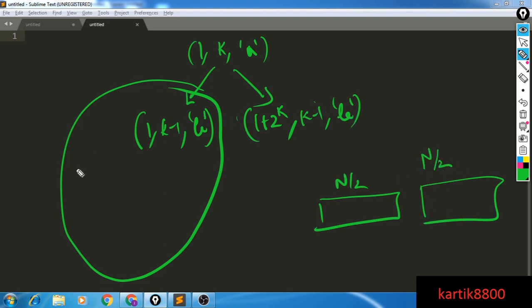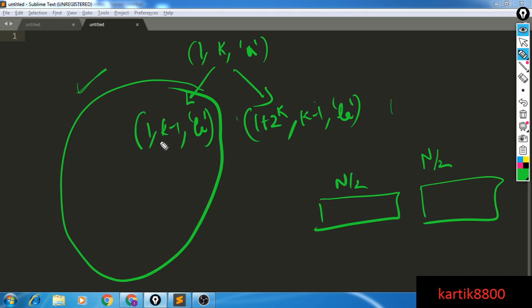So no subproblem from this left portion will ever be seen in this right subtree, because all these subproblems will be representing a substring from the first n by 2 elements, whereas all the subproblems from the right subtree will be representing a subproblem in the right half. Therefore, none of these subproblems that appear in the left will ever be used in the right.